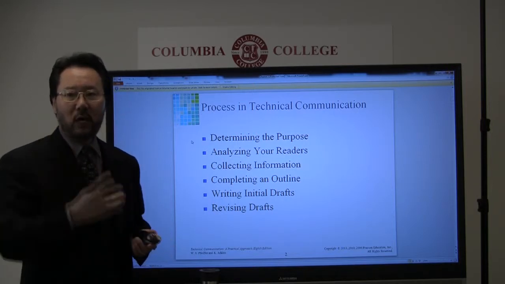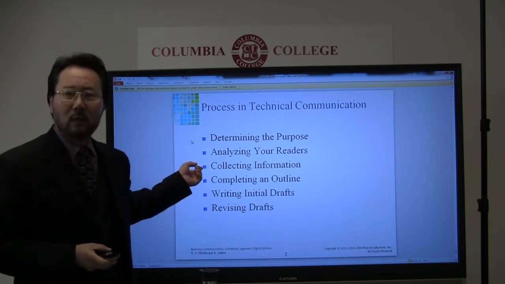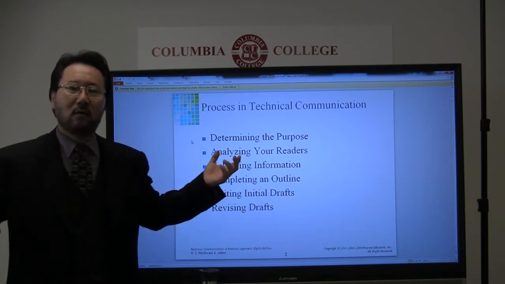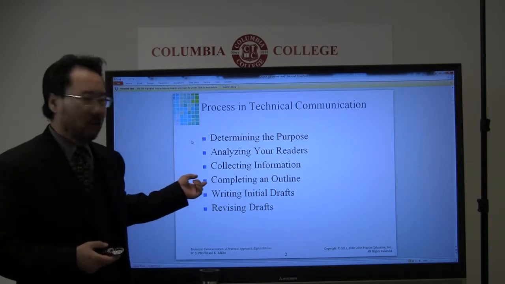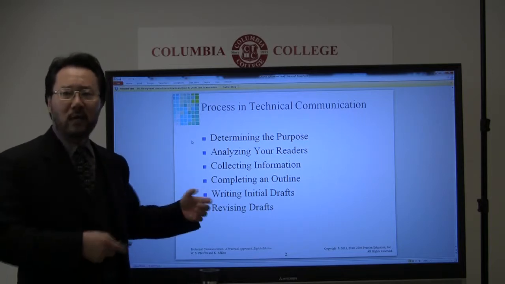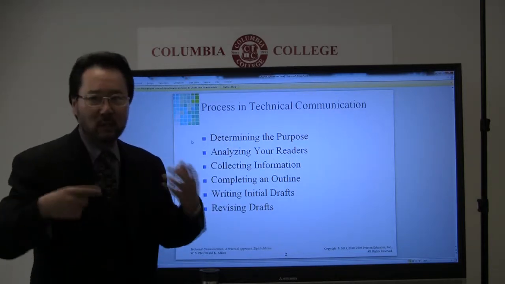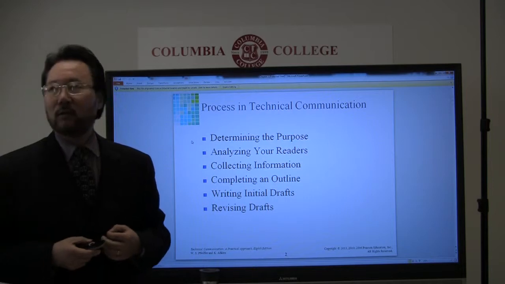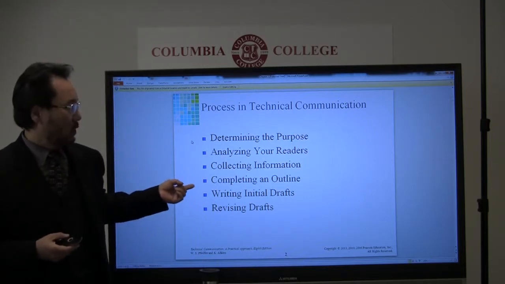Second, who am I writing for? Thirdly, we collect all the information we can. Fourthly, we organize all the information we gather and make an outline.